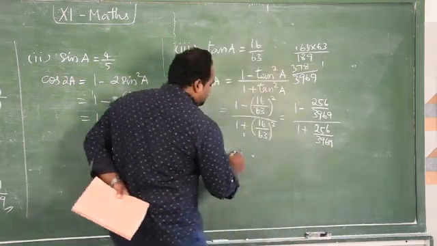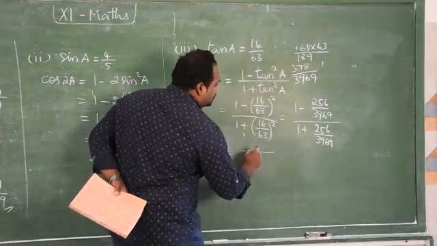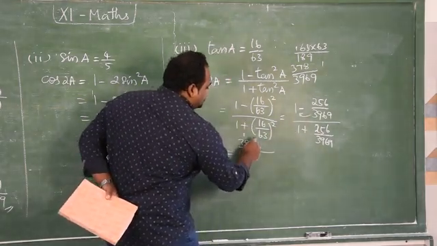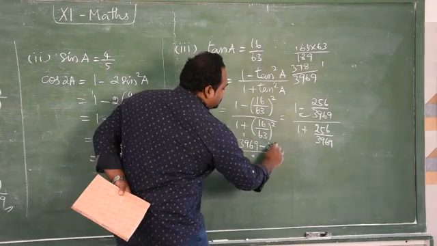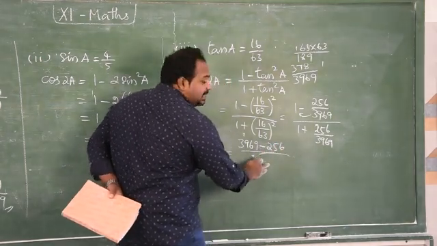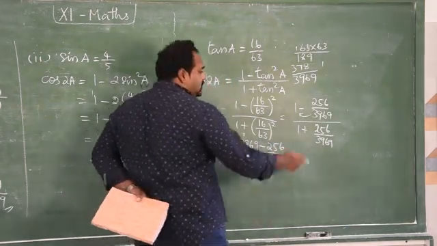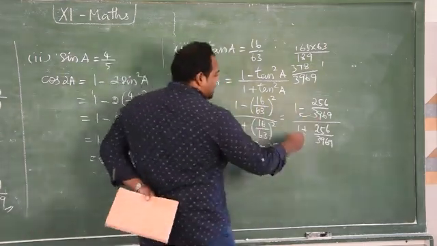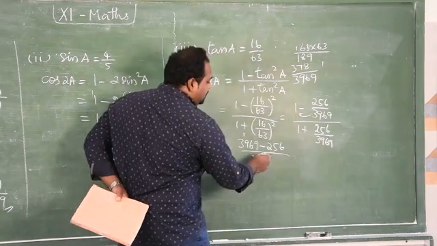If you take LCM, if you cross multiply this, 3969 minus 256 whole divided by, the denominator will be cancelled. So no need to write the denominator in the numerator and denominator in the denominator. We can directly cancel and write the numerator and denominator alone.